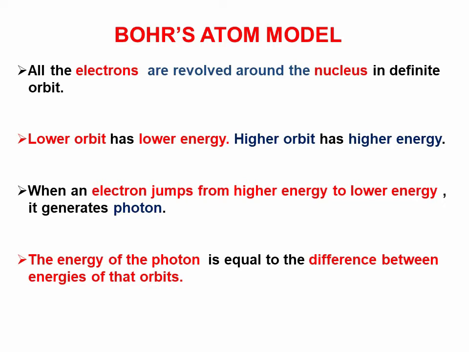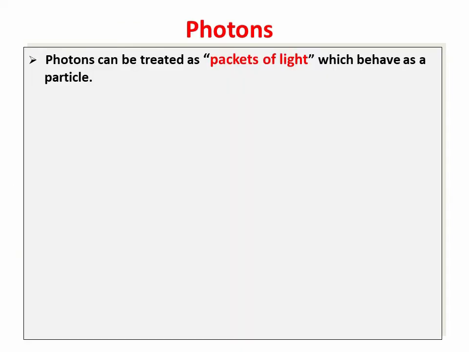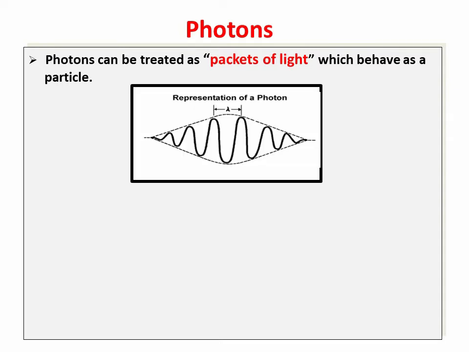In the third point itself, photon, I think it's a new word. The photon is the packet or bundle of light. It behaves as a particle. Photon can be represented as shown in the figure.